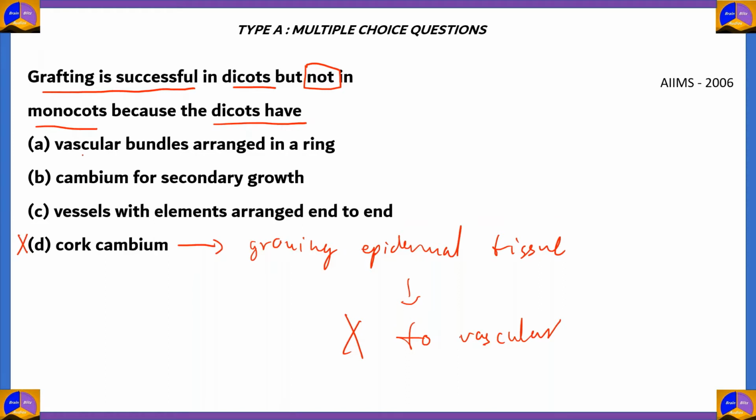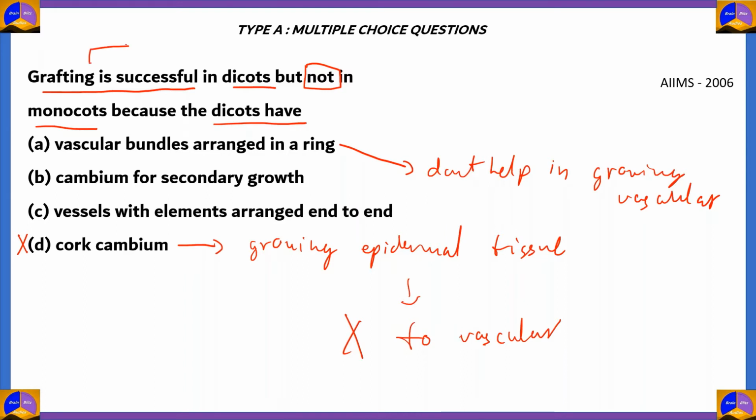What about option A? Vascular bundles arranged in a ring. Now, dicots only have vascular bundles arranged in a ring, but they don't help in growing the vascular tissues.